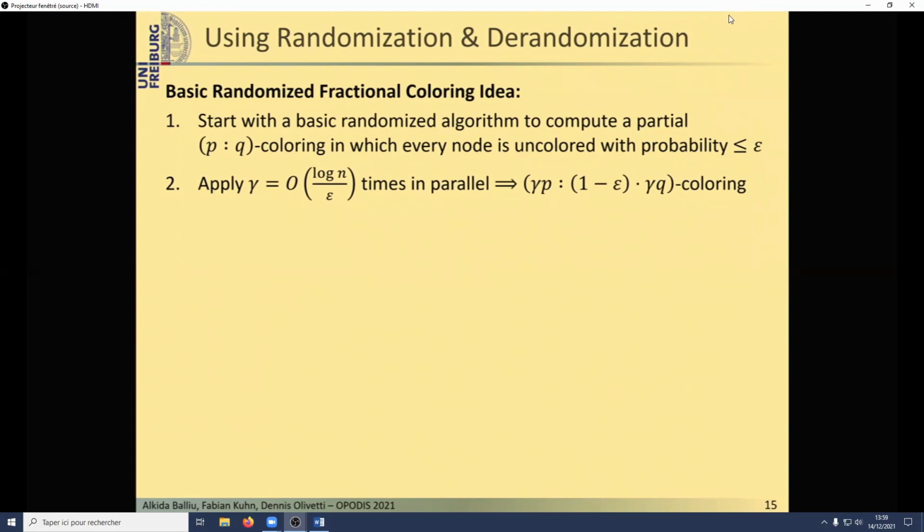So then I get the same ratio as before, up to a 1 minus epsilon factor, but now all the nodes are colored. So from this relaxed randomized algorithm, I can then get an actual randomized fractional coloring algorithm.